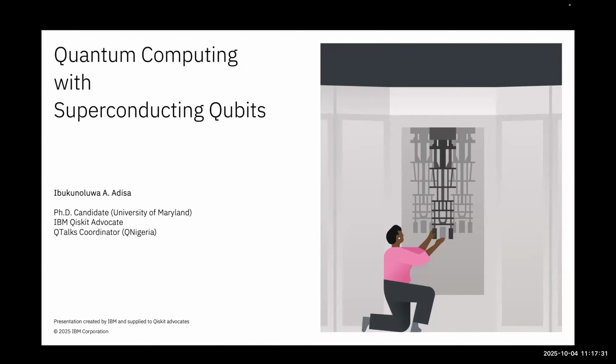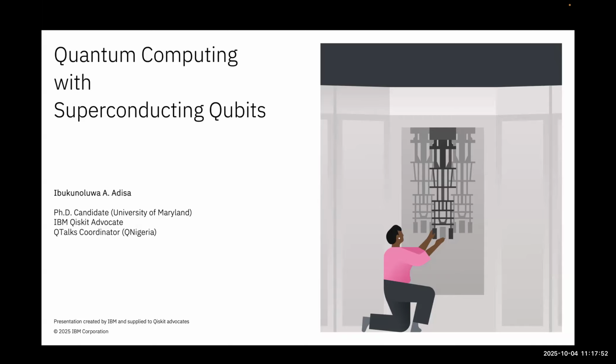Most talks are going to be a bit theoretical, and it's hard, especially for the introductory part of quantum computing, to see a talk about the experimental part and not just the theoretical part.